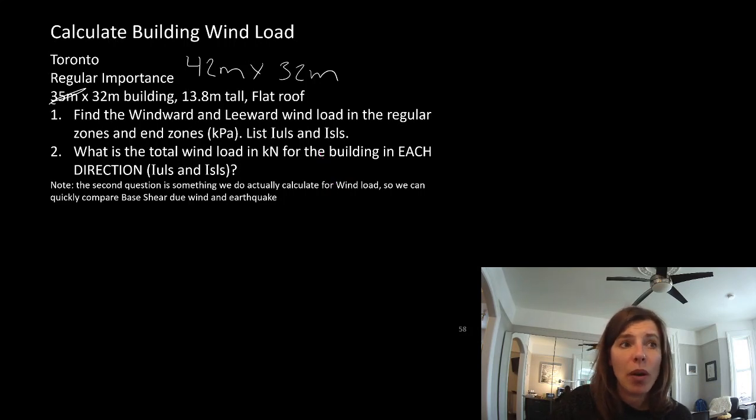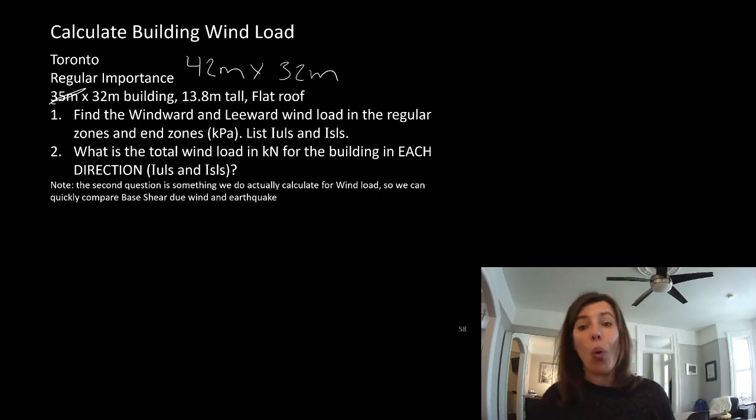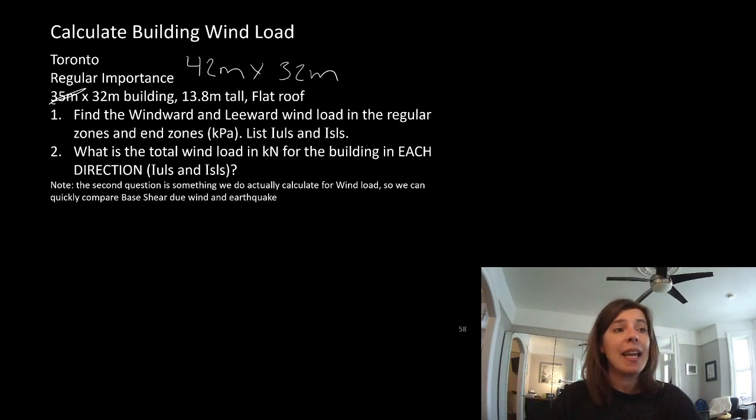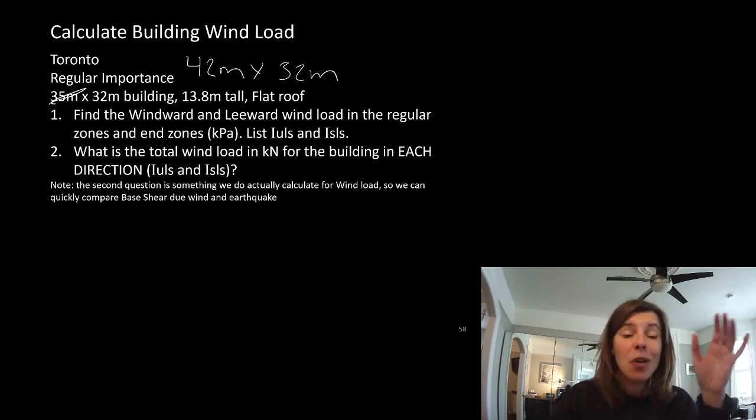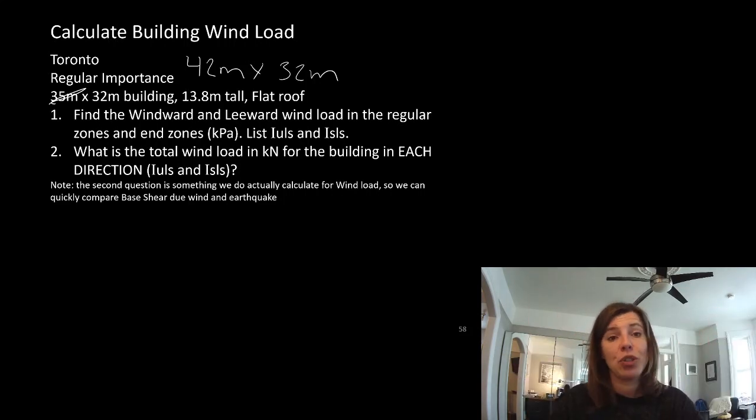Now, in snow load, when we did this, I said that's not something we actually calculate. It was just to help give you a sense of the total snow, like the weight of this thing. But for wind load, we actually do calculate this for buildings, and we put it right on the structural drawings. Page 1, we say, here's how much wind load is pushing on our building.